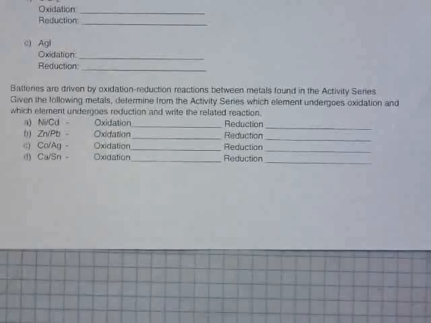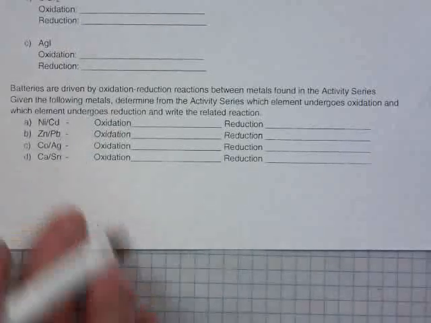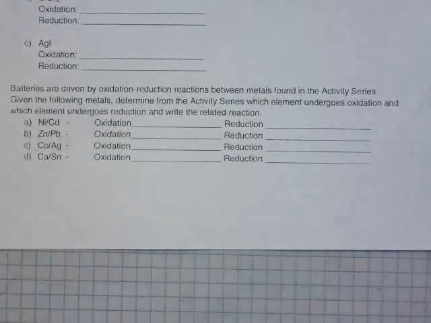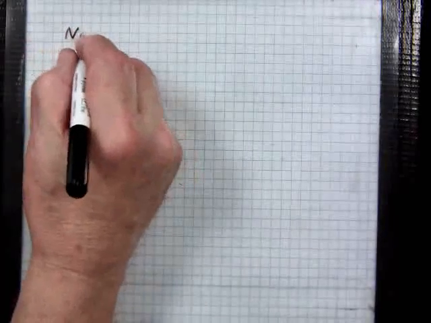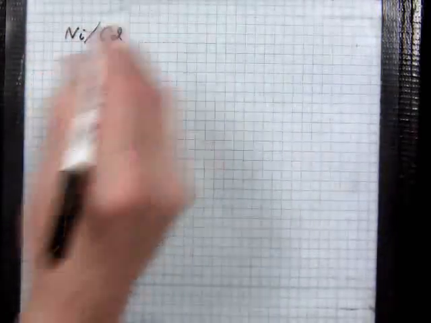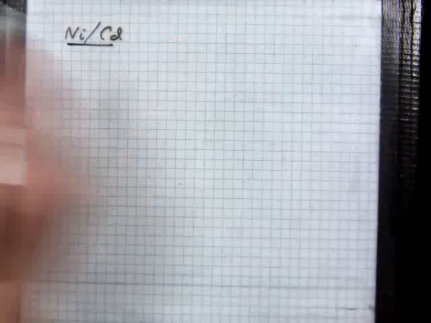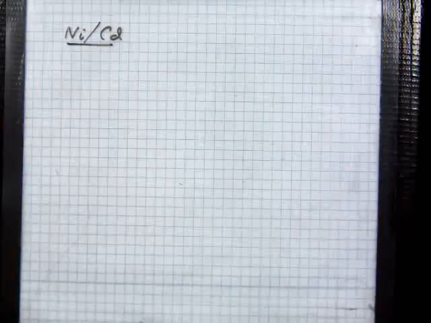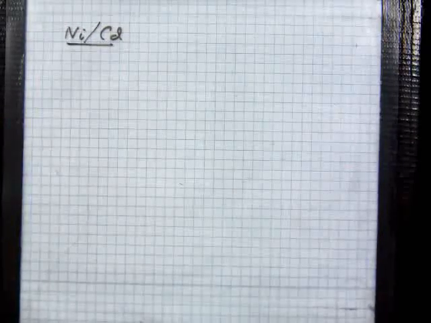It's losing an electron. So when we look at the nickel cadmium combination, we need to find the nickel and cadmium in our activity series, which, remember, you're going to have this table attached to the exam, so you go back and look.